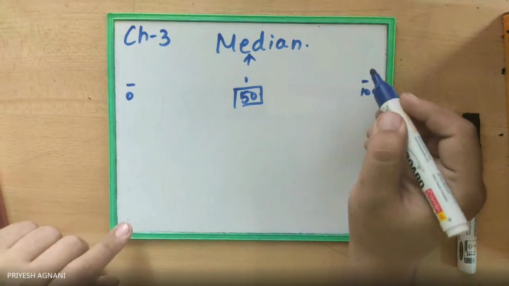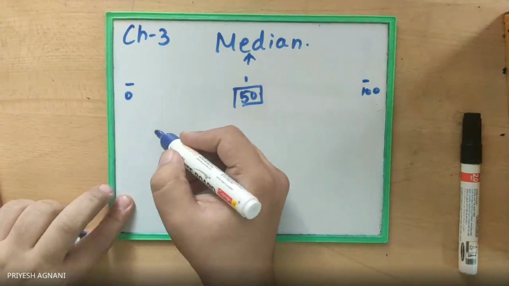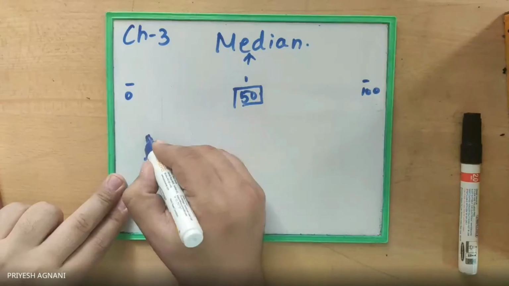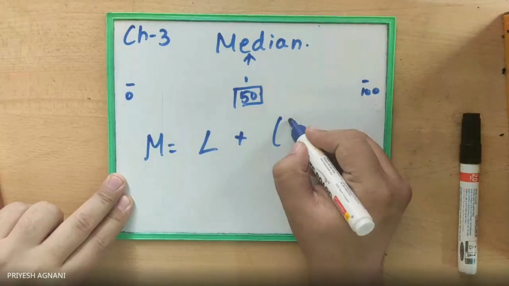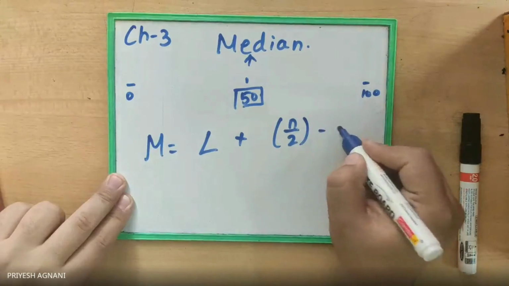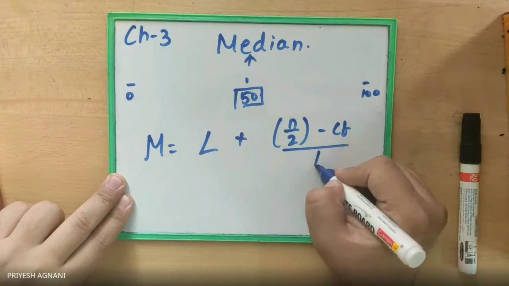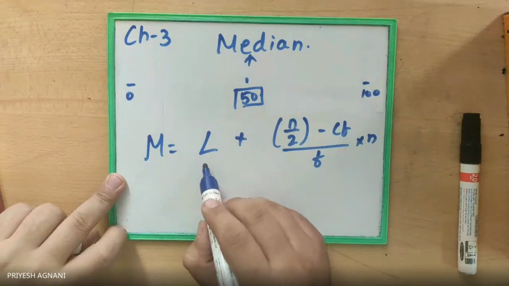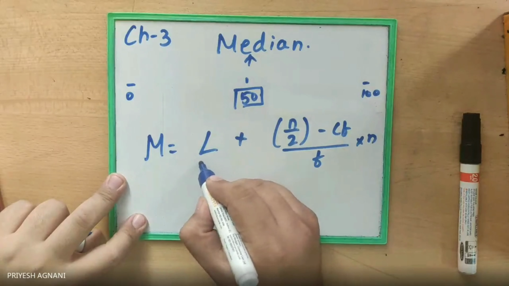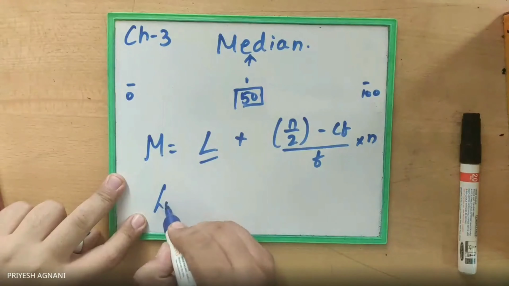Now let us see how to solve the example. Median is equal to L plus (N by 2 minus CF) upon F multiplied by C. Let us see one by one what is L. L is the lower boundary point.